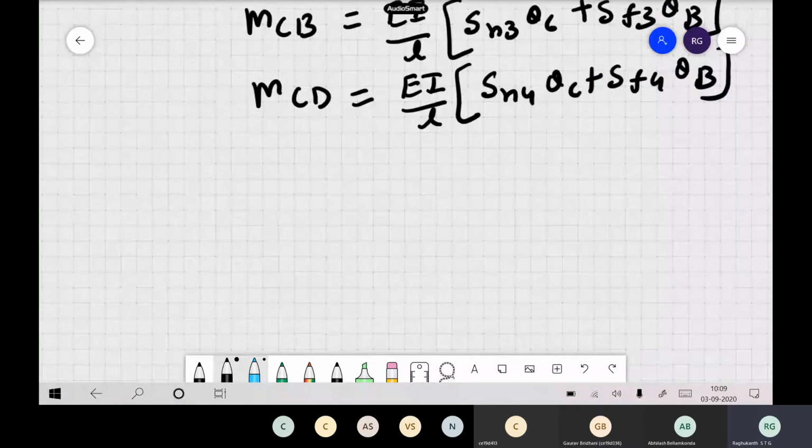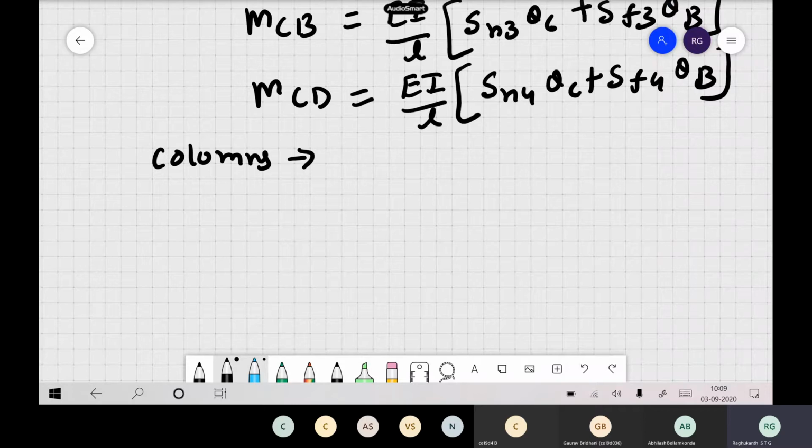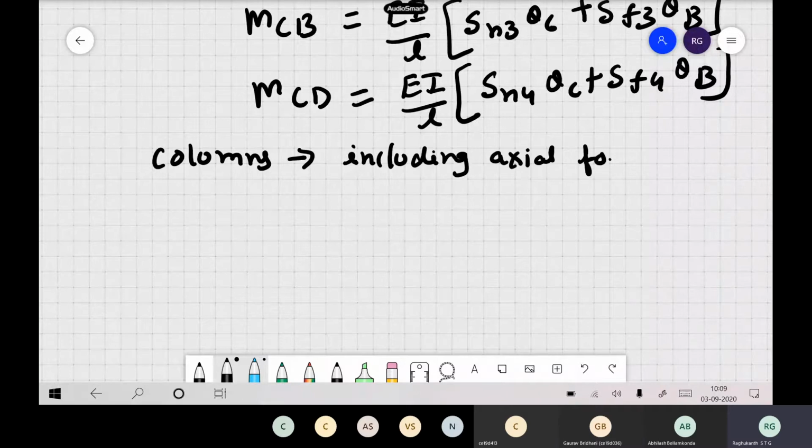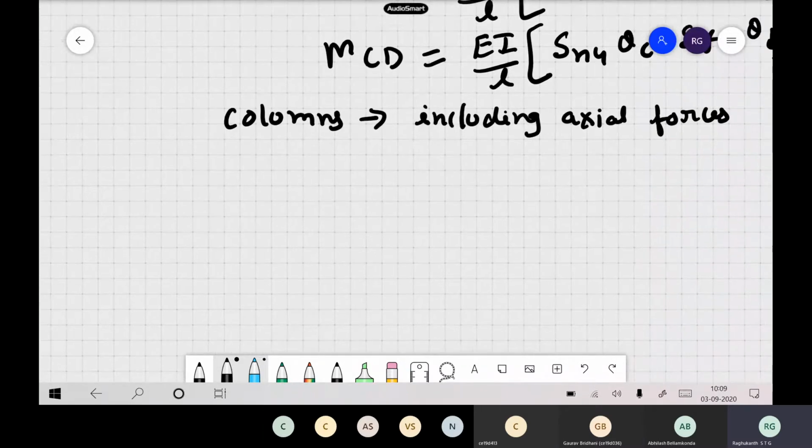Now for the slope deflection equations for columns, the coefficients depend on the axial forces, so you have to use the slope deflection coefficients including the axial forces. This is the most important thing now. For beams, we neglect these axial forces.